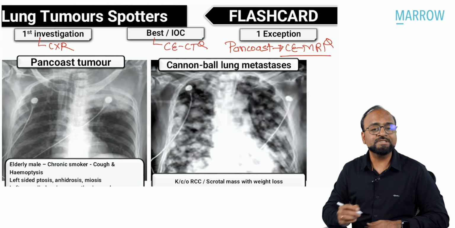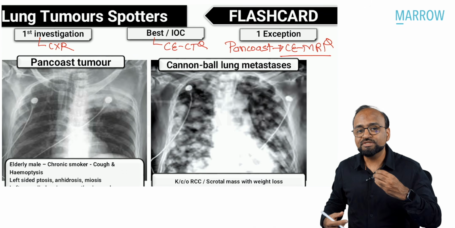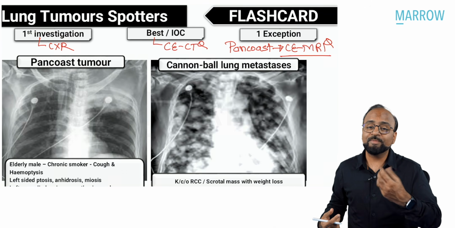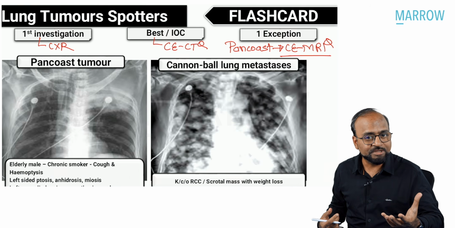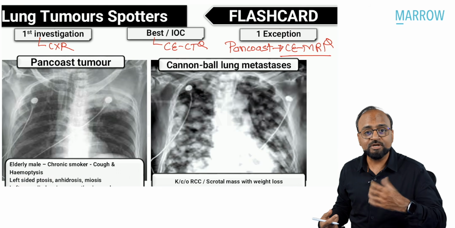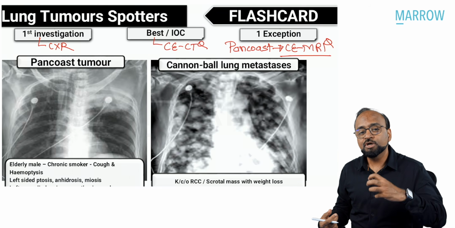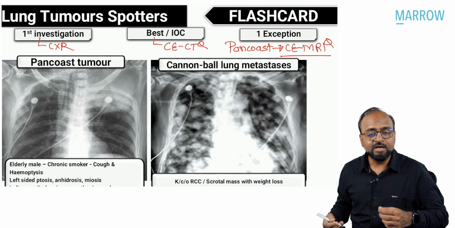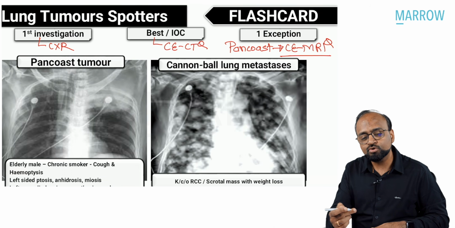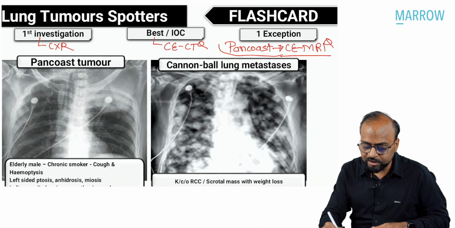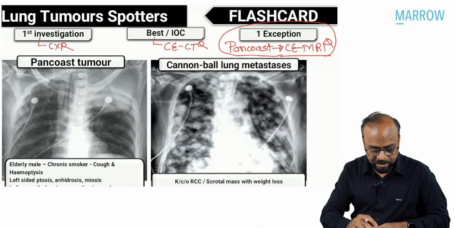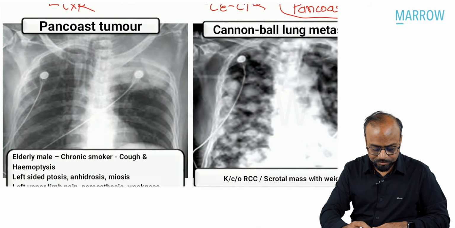Why? Because what is the clincher of a Pancoast tumor? It is neural invasion into the brachial plexus nerve roots and the cervical sympathetic ganglia, and MRI is a much superior imaging modality which will show you this neural invasion much better. So if they ask you specifically for the best imaging investigation for Pancoast tumor, remember it is a contrast enhanced MRI.